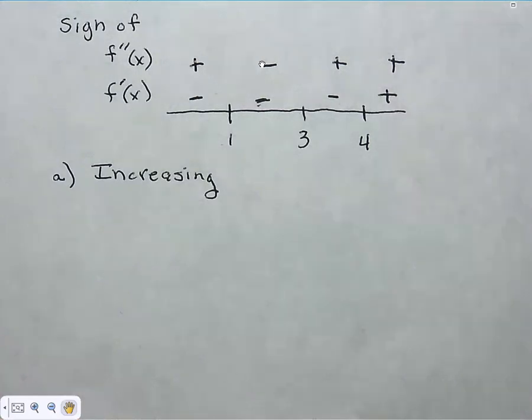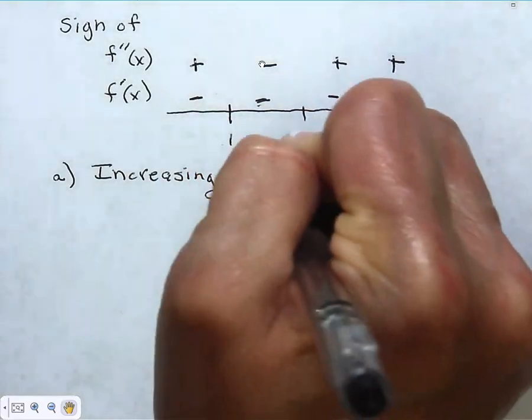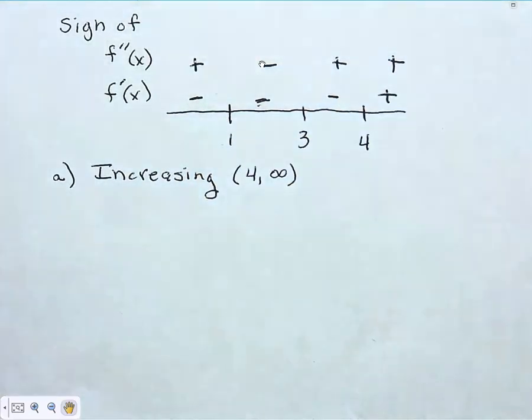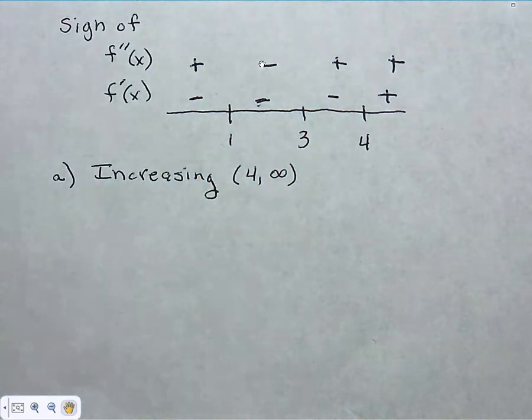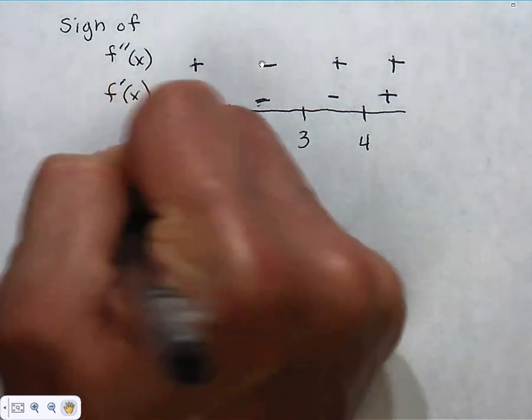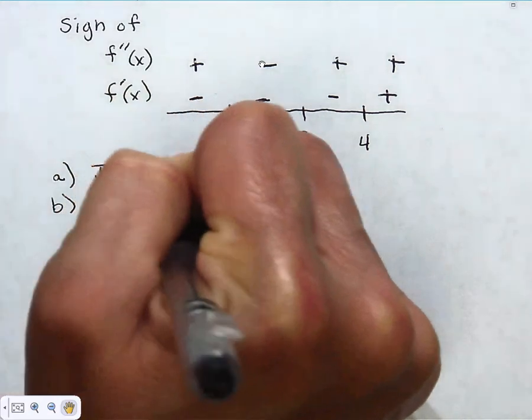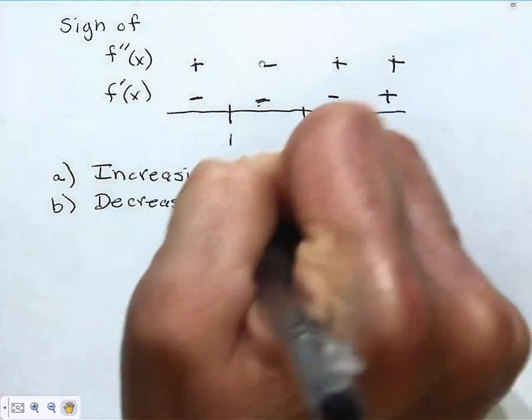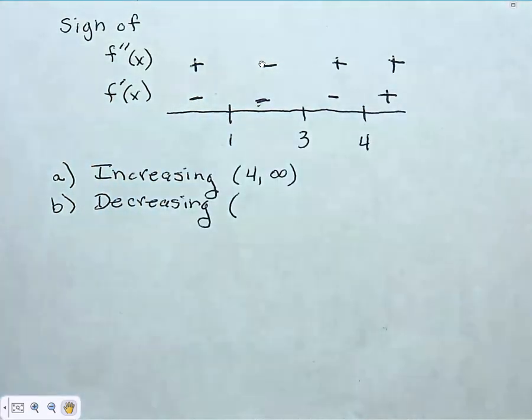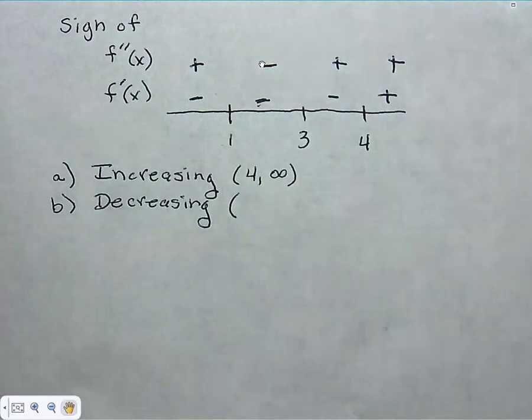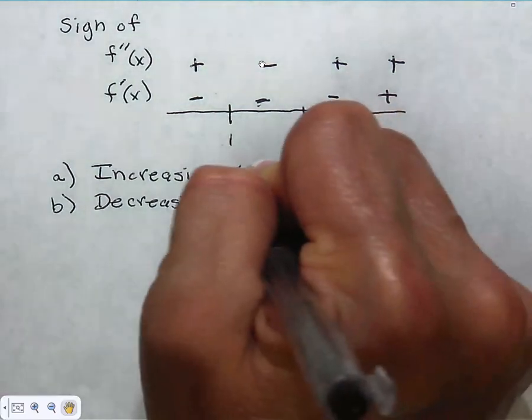First derivative, and I'm looking specifically where the first derivative is which sign? Positive, so 4 to infinity. Where's the function decreasing? Negative infinity up to 4.